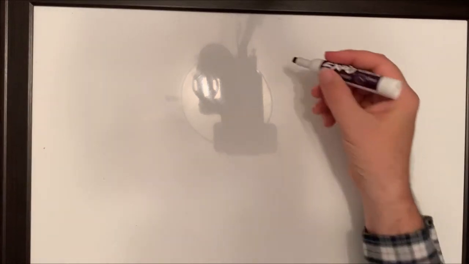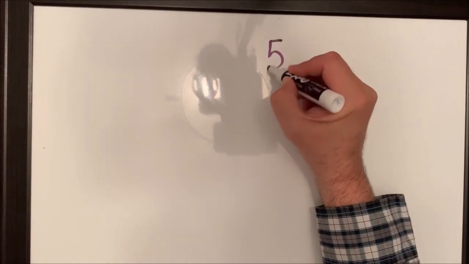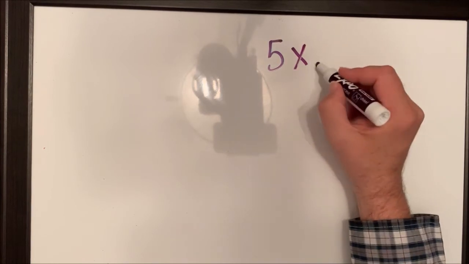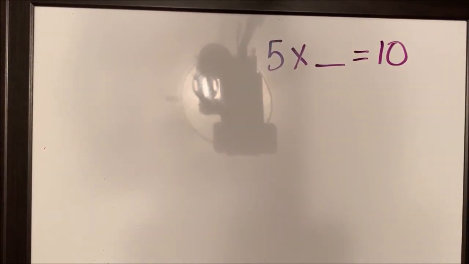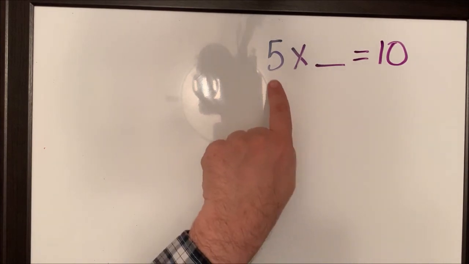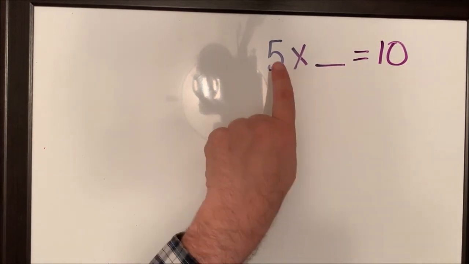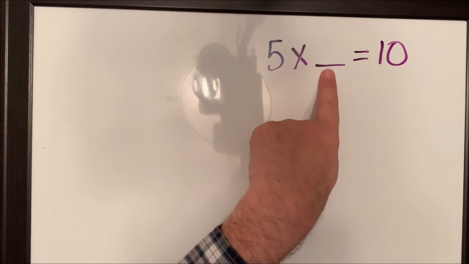But using pictures is a good way of solving those missing numbers in equations. But you need to understand what those sentences mean. So if I wrote 5 groups of something equals 10, you need to start saying that. So instead of 5 multiplied by something equals 10, say 5 groups of something.